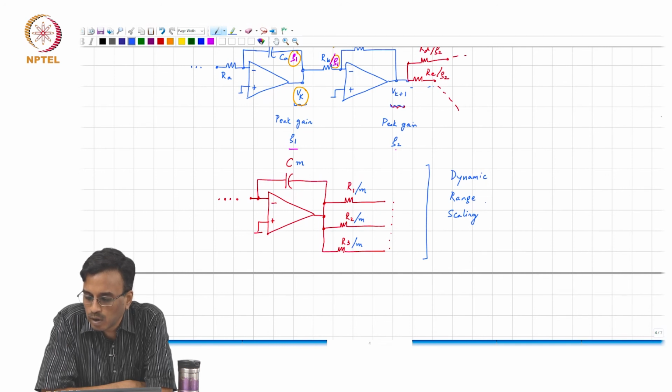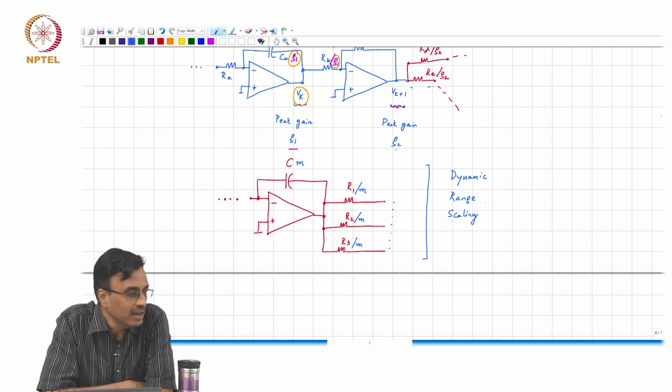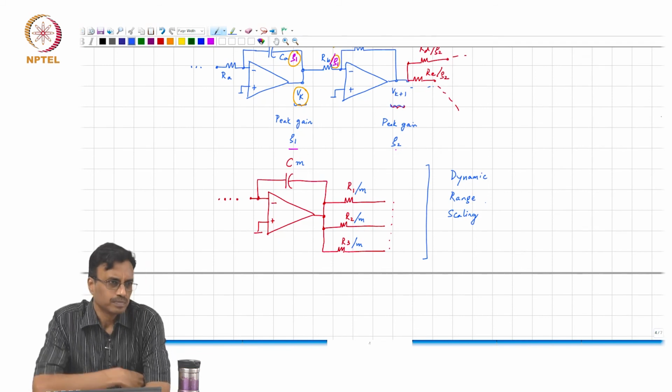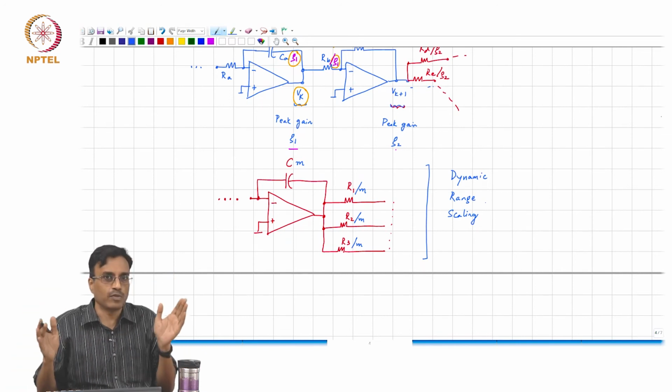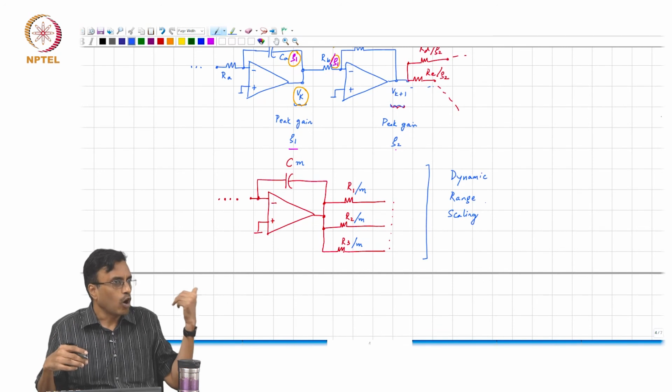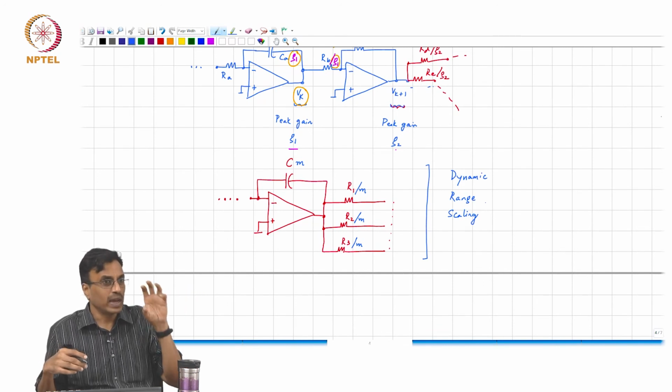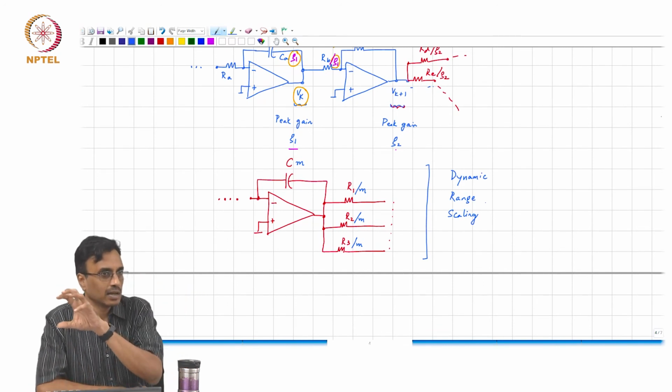So the process of dynamic range scaling is necessary whenever you make a filter, because as we saw, there are many choices of resistors and capacitors that yield the same transfer function, right. However, they will not all be identical as far as the swings at the internal nodes are concerned, right.